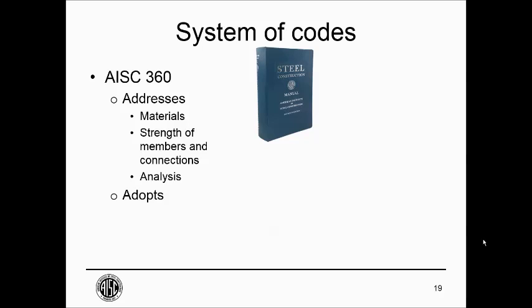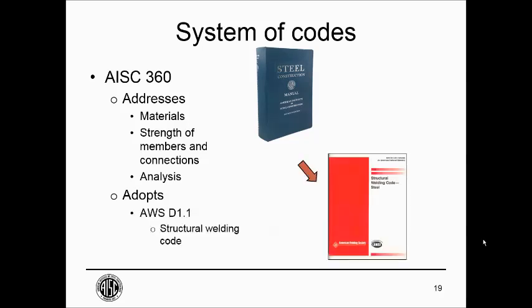The seismic provisions adopt by reference the AWS D1.1 structural welding code. So some of the rules for welding are contained in that AWS document.